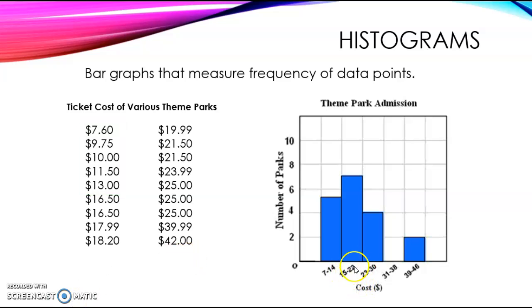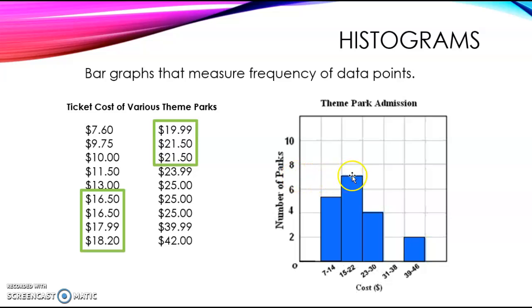The second group of values is between $15 and $22. We can see that there are 7 values that are between 15 and 22, and that's why the top of the bar is at the number 7.